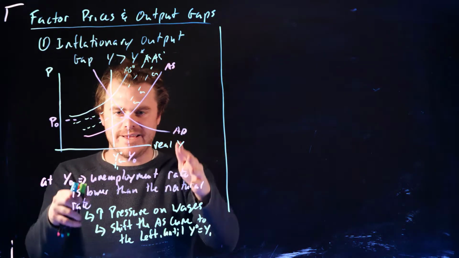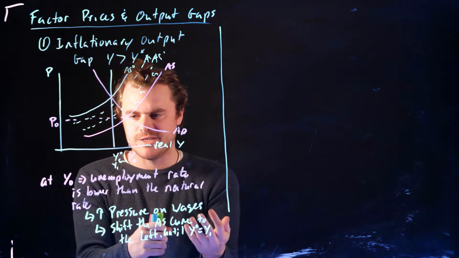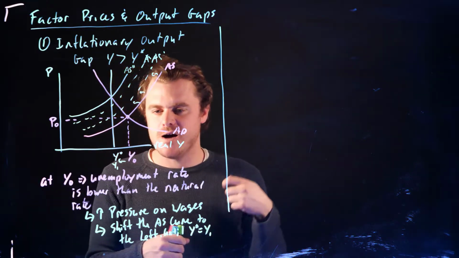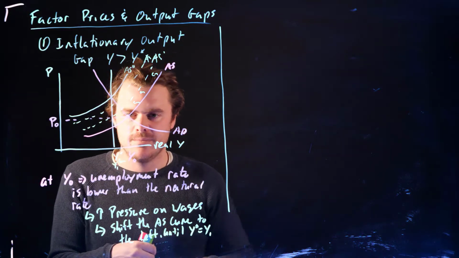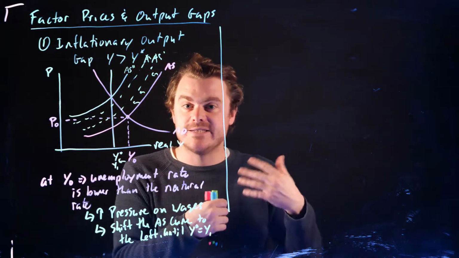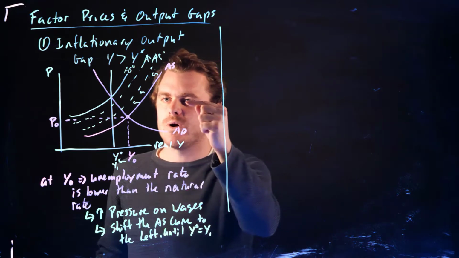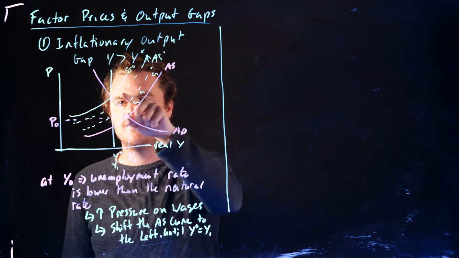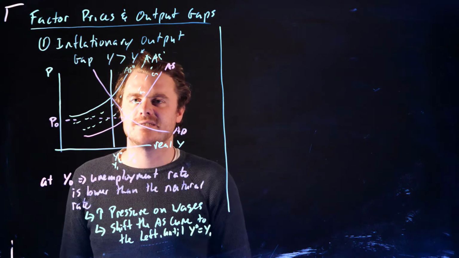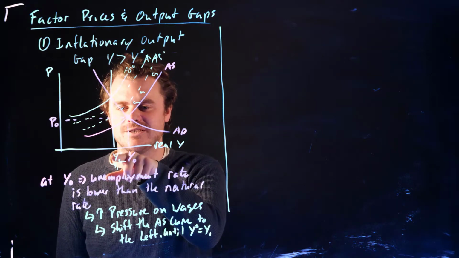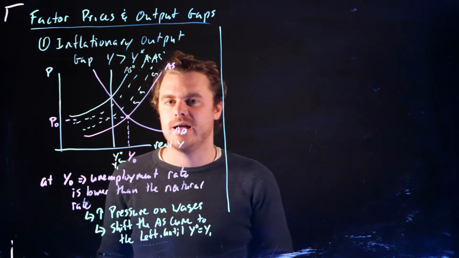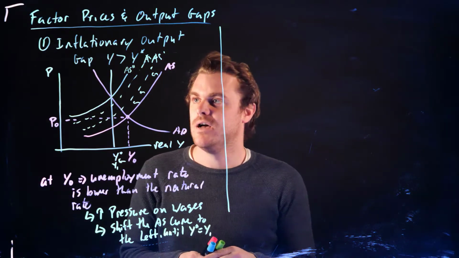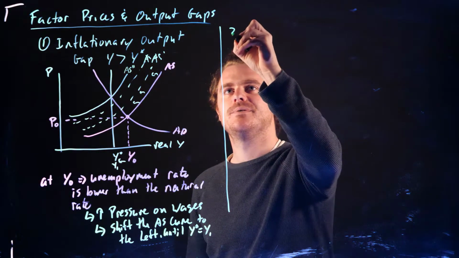All right, so if we have an inflationary output gap, unemployment's really low, firms need to start offering higher wages to retain or attract more workers, but that raises the cost of production, so our AS curve starts shifting in until we're at this long run equilibrium, and then there's no pressure on wages to keep going any higher. All right, so that's an inflationary output gap.